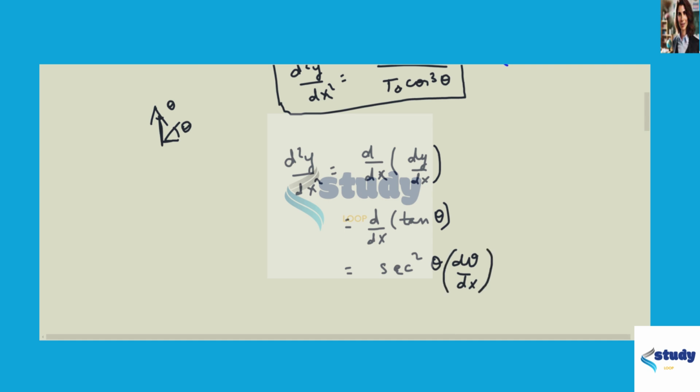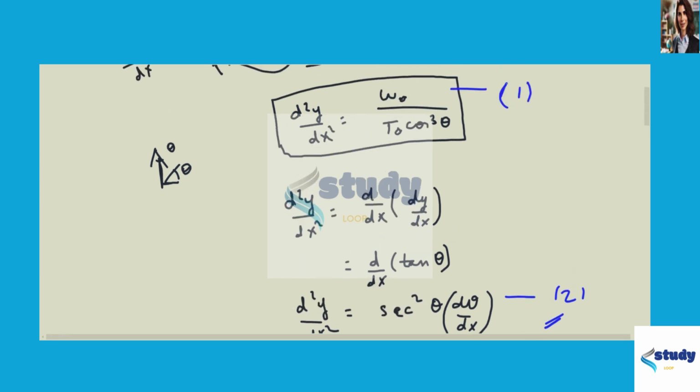Okay. So let's write the LHS here, left hand side. So this becomes our second equation. So let's use these two equations. Let's substitute the value of the left hand side, that is the right hand side of this, and put it in place of d square y over dx square in the second equation.